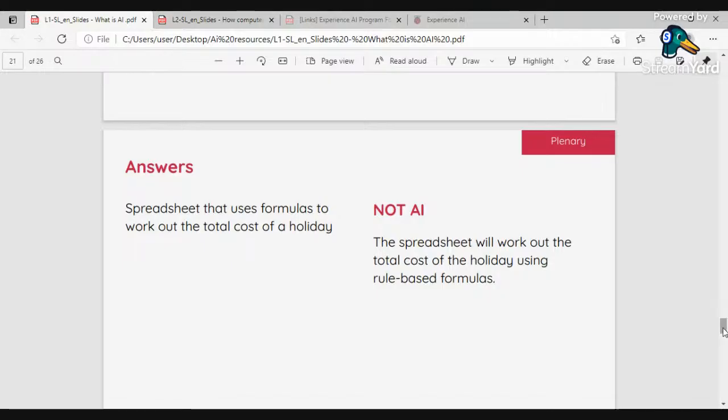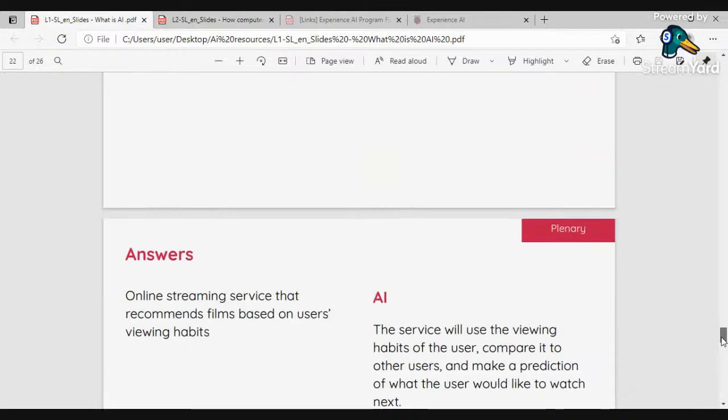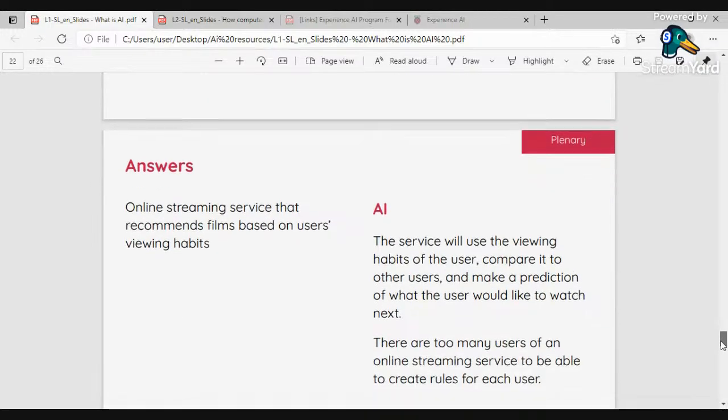So that's the answer to that. Question two: an online streaming service that recommends films based on users' viewing habits. An example of that is Netflix.